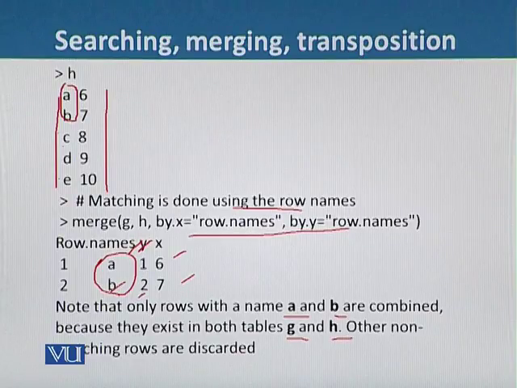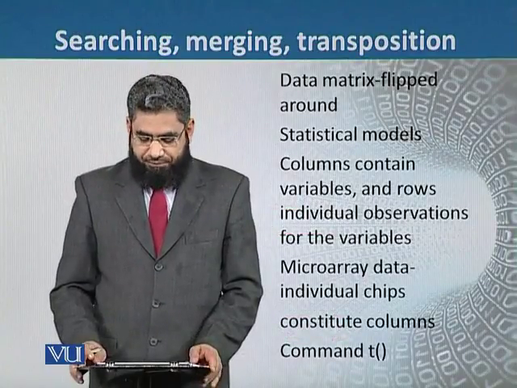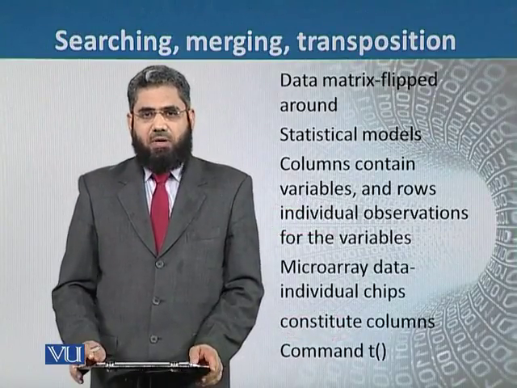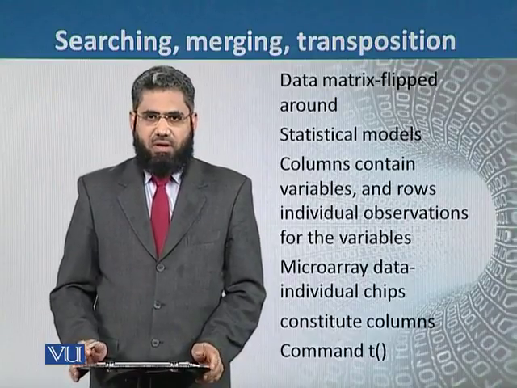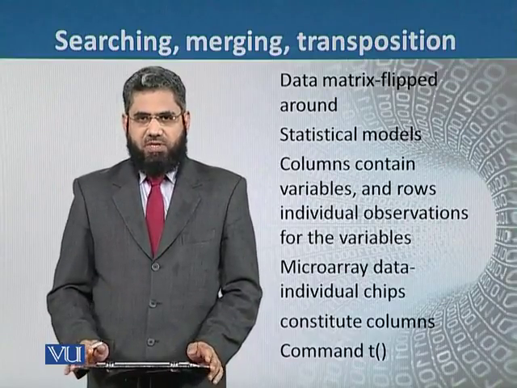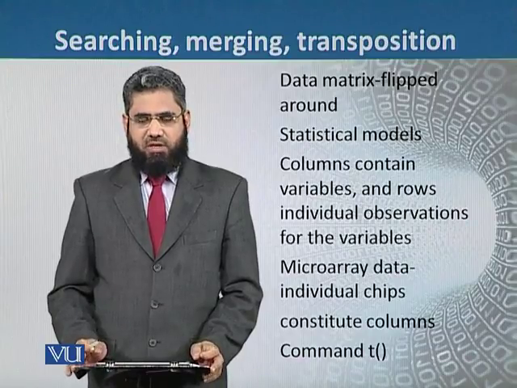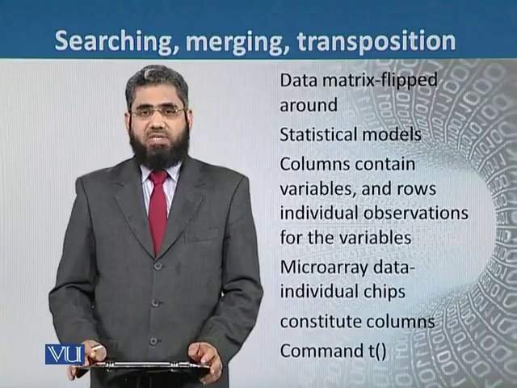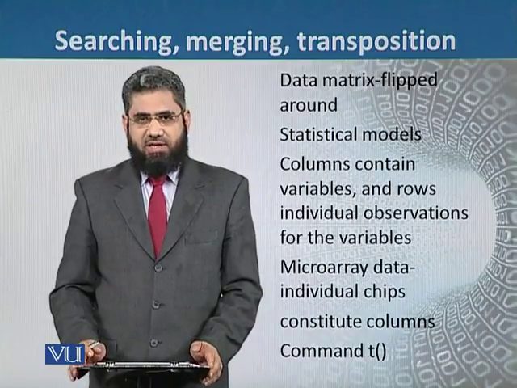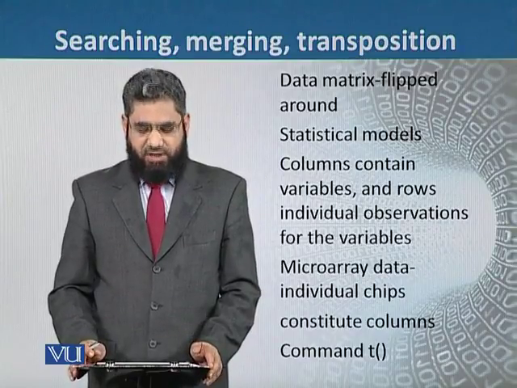Sometimes a data matrix is flipped around, and after flipping around, we get the table in which the columns become the rows and the rows become the columns. And this is important when some statistical methods are being applied on microarray data.